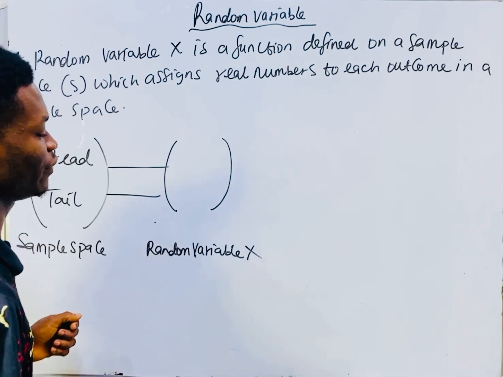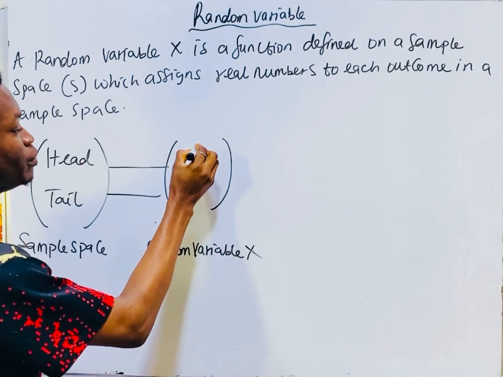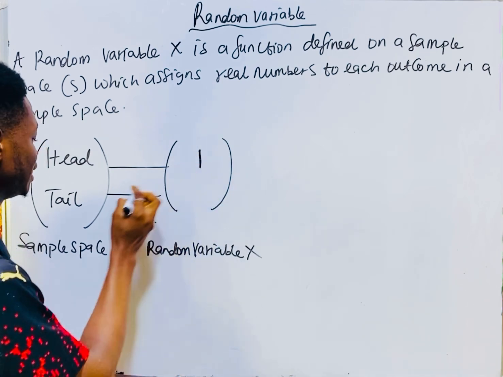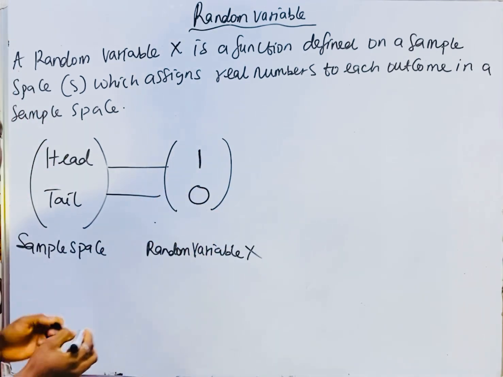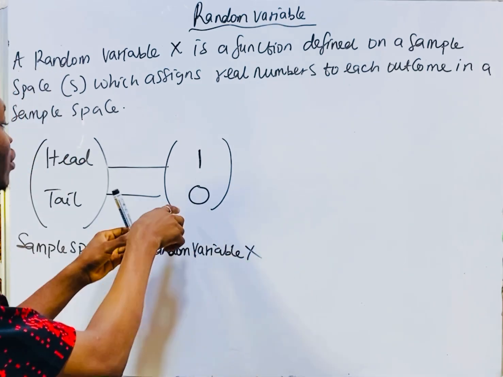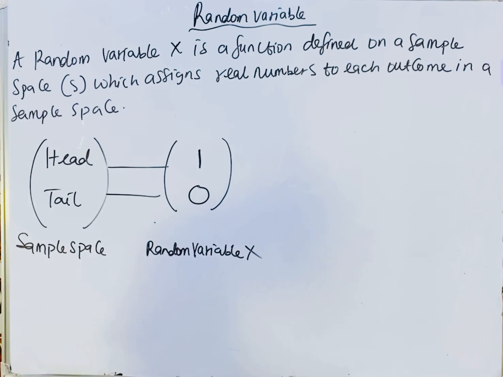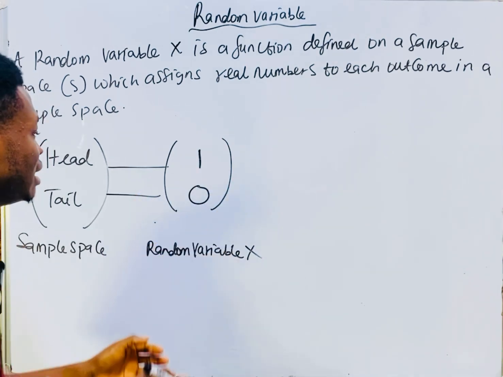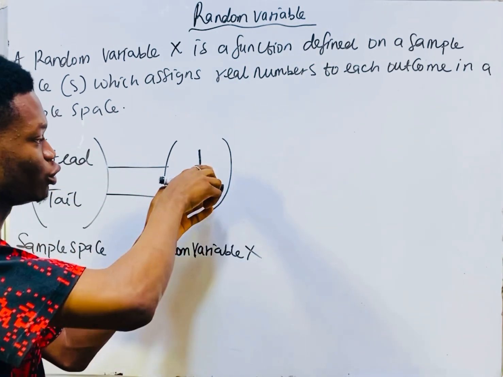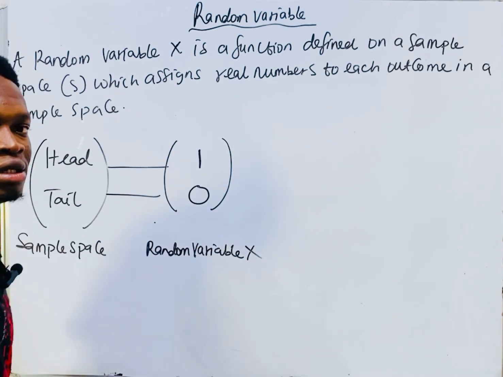I can assign this head to be 1 and this tail to be 0. So this random variable x, we have used it to assign our head to be 1 and our tail to be 0. Do you see that there are real numbers? Instead of calling this thing head, it will now be represented as 1.